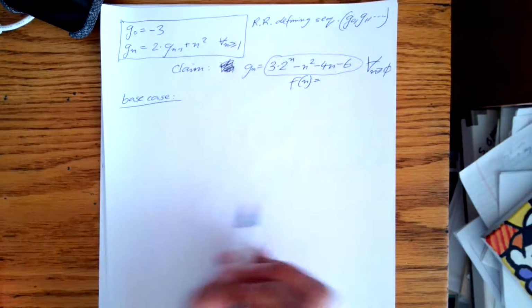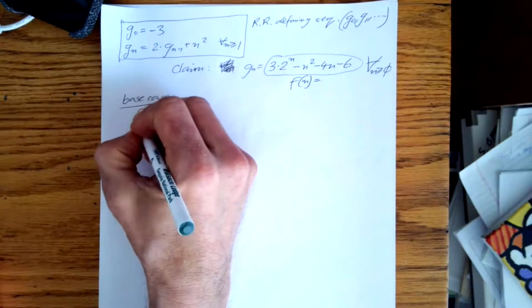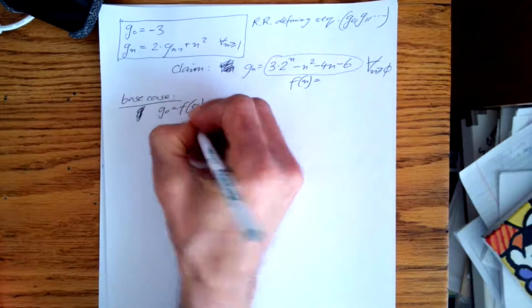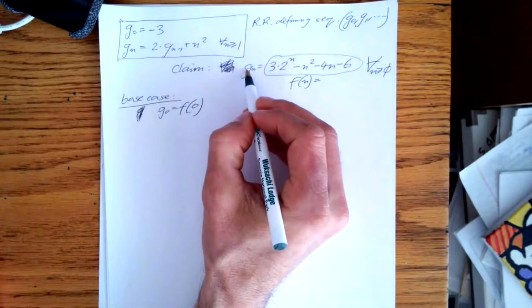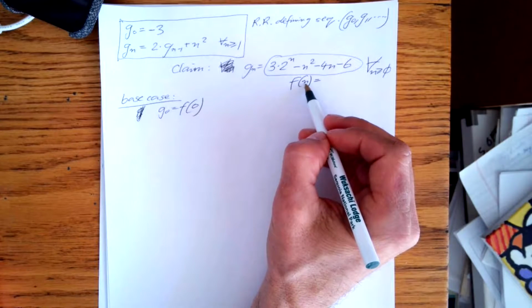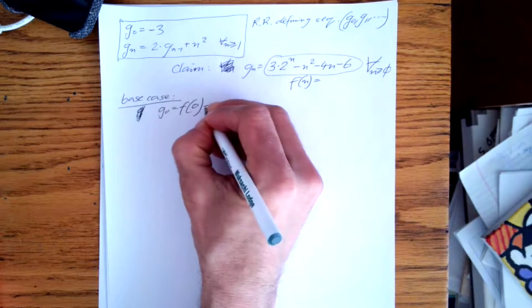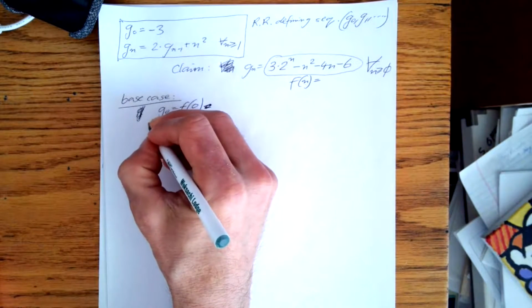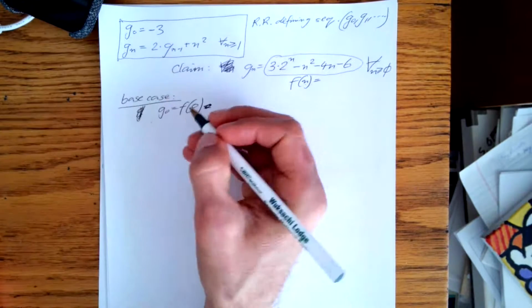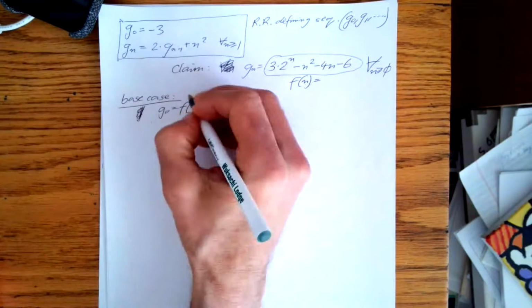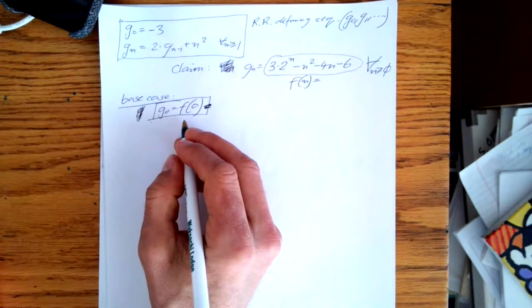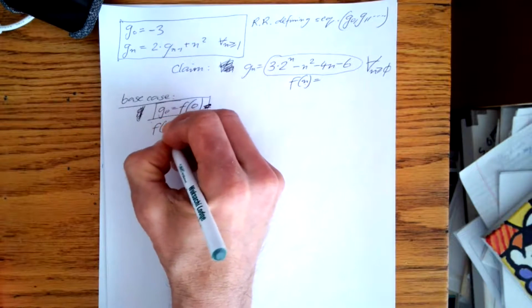So what's the base case? The base case is that G0 is f of 0. That is, the first element of the sequence is expressed by this formula, instantiated at argument 0. So what is f of 0?